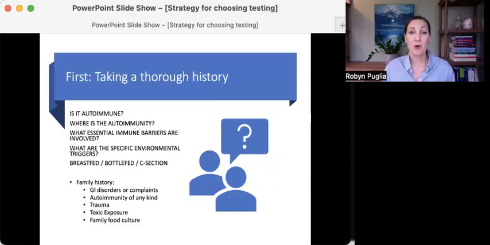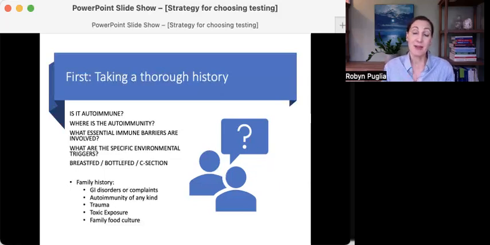Then we're thinking about what are the barriers that are involved. There are multiple mucosal and immune barriers in the body. We talk about and think about the gut a lot. We also have to think about the lungs and the sinuses and the nasorespiratory tract and the genitourinary tract and the blood-brain barrier.